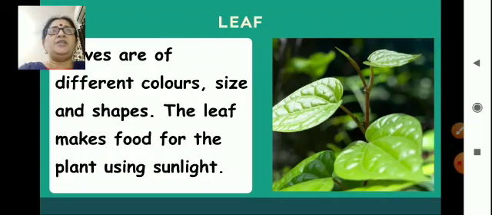Leaves are on the end of the stems of the plant. Leaves are where plants make their food. Leaves use water, air and sunlight to make their food. So the third part of a plant is leaf.